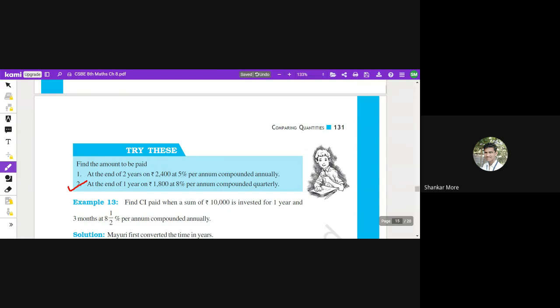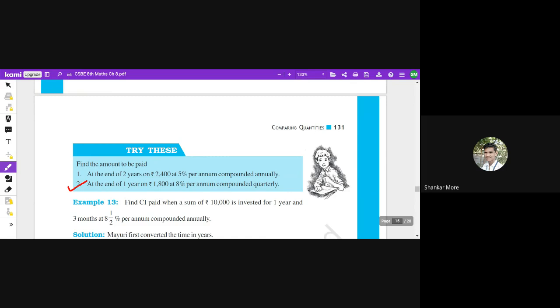Now, what is going to be the R? See, now we are calculating quarterly. That means we will calculate once every 3 months: the first 3 months, the second 3 months, the third 3 months, and the last 3 months.